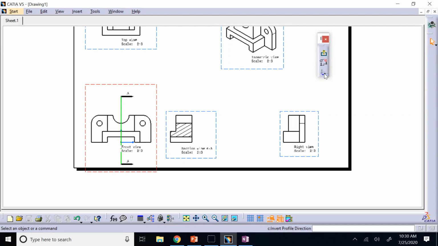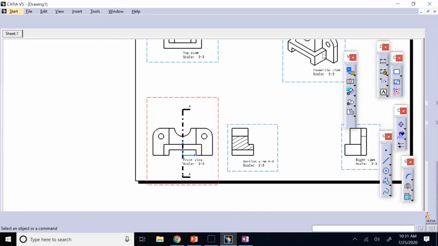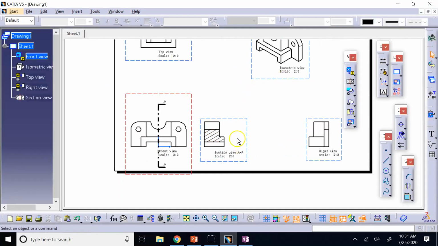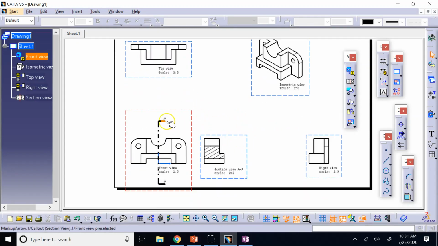So let's say I wanted this side, and then I reverse it, and then I say what? Go back. So now you see the direction changed. So the orientation of this part is reversed too. So that's how you invert the direction of the cutting plane.